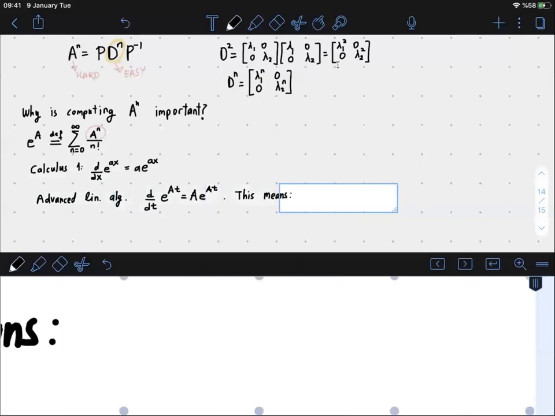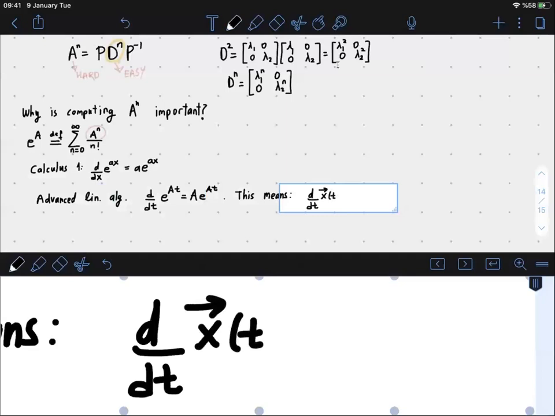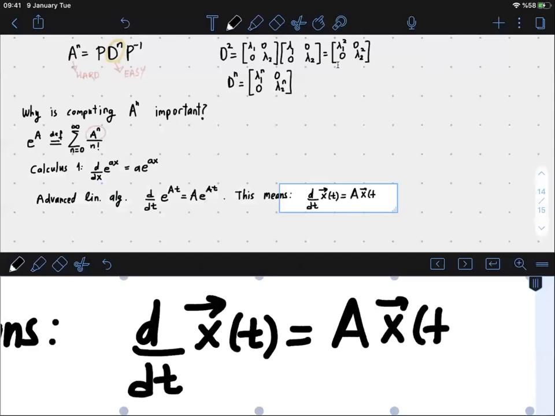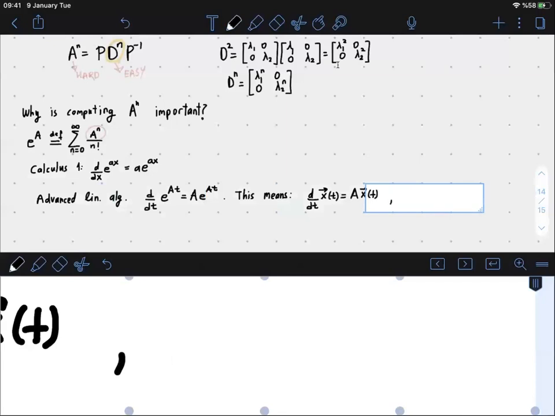This means something for differential equations. You can write differential equations for vector systems. Here x is a time-dependent vector, and suppose that it's a linear system, and A is a constant n by n matrix, and you're trying to find the solution. Did you take differential equations?